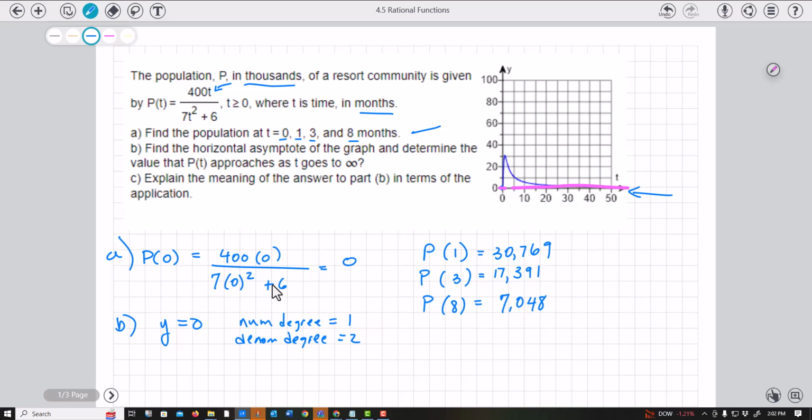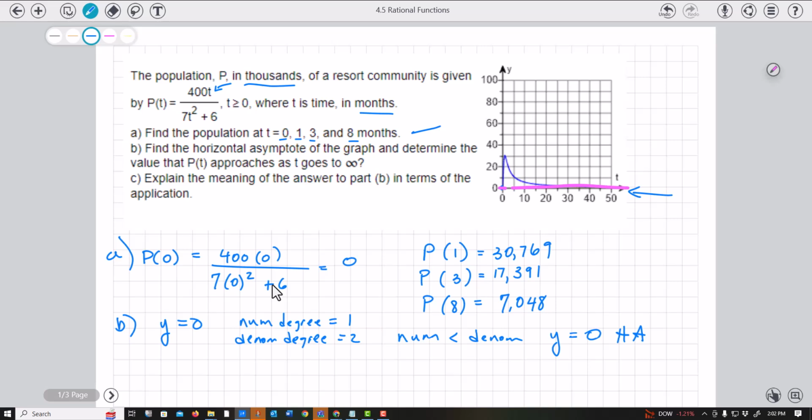The rule is if the numerator degree is less than the denominator degree, which it is, then y equals 0 is the horizontal asymptote.